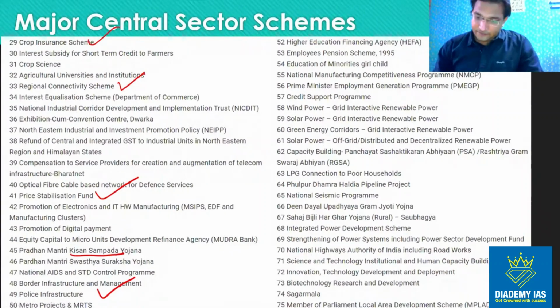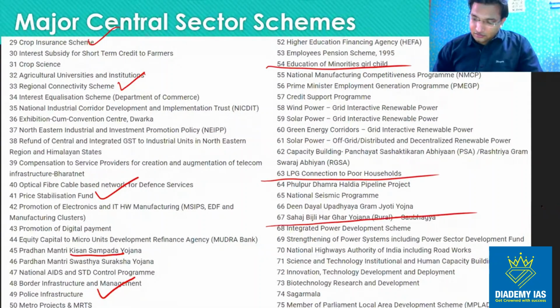Then education of minorities, girls, LPG connection to poor households, Sahaj Bijli Har Ghar Yojana, that is Saubhagya Yojana, Deen Dayal Upadhyay Gram Jyoti Yojana, right? Sagarmala, MP led scheme, this is also a central sector scheme.